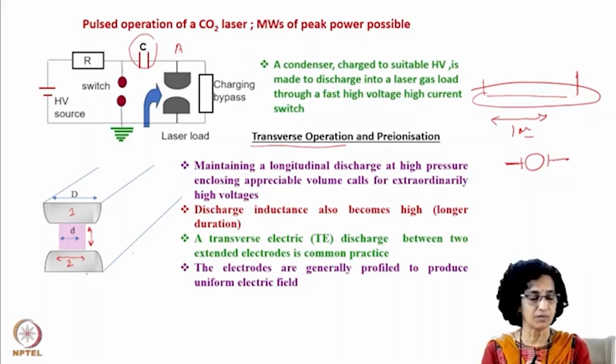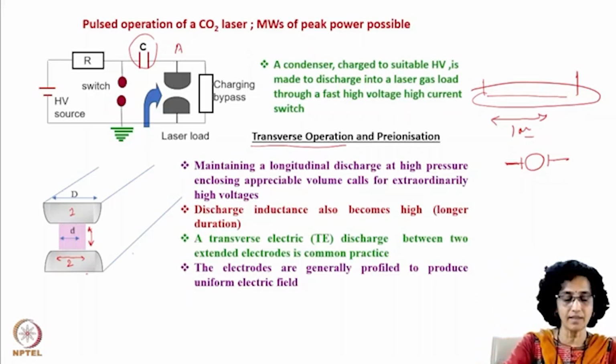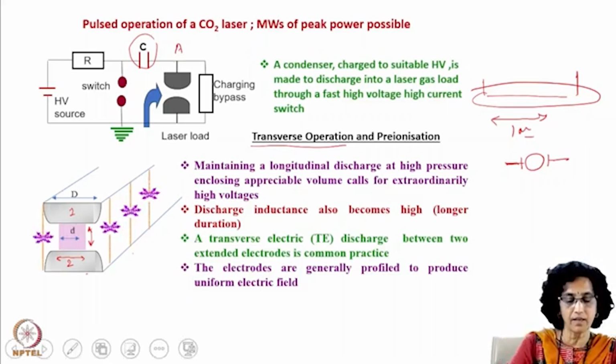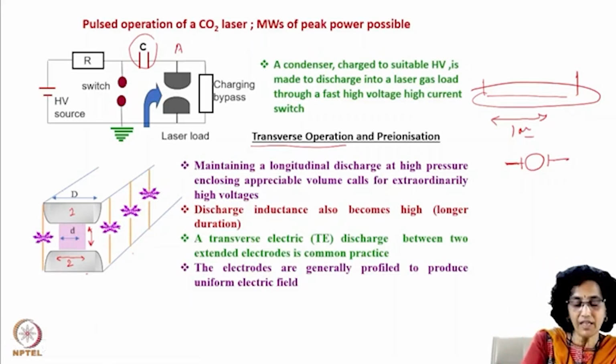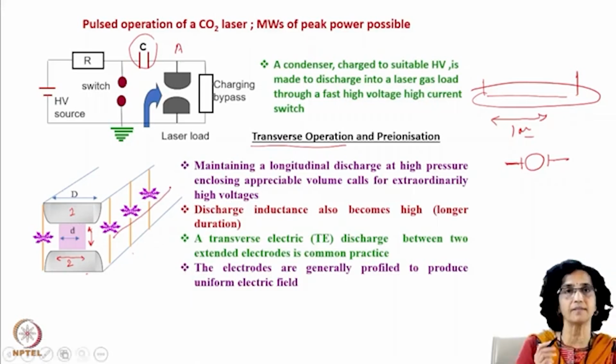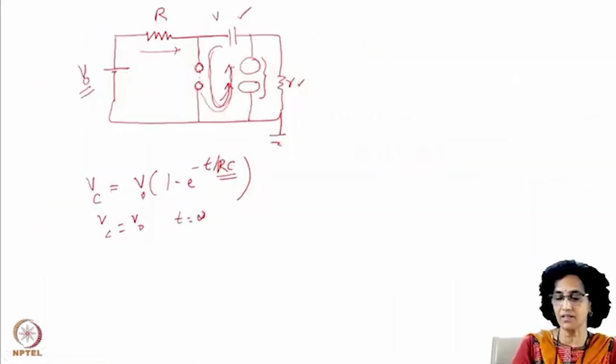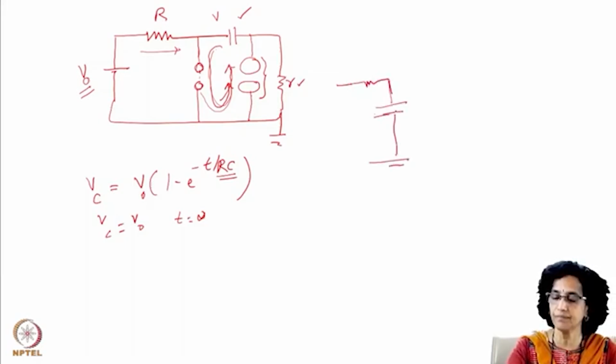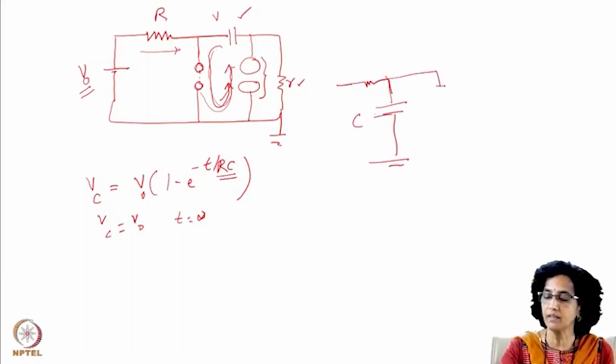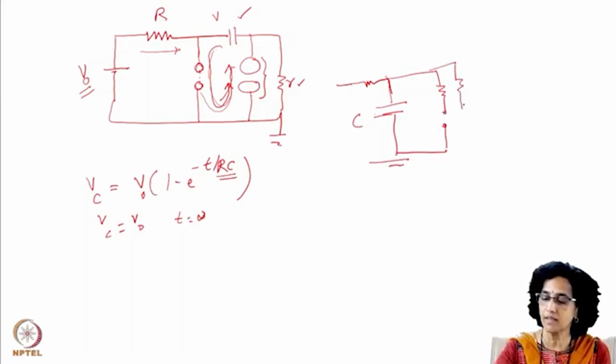So to avoid that, what is done is that we create small arc discharges along the length. How are these arc discharges created? Once again, basically you charge a condenser, C, which is made to discharge through various pins that are ballasted by resistances.